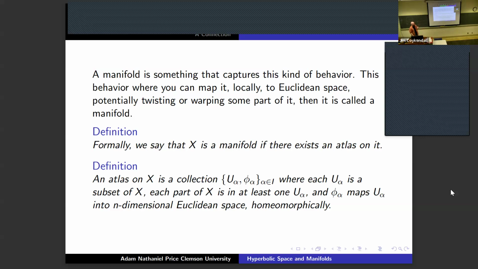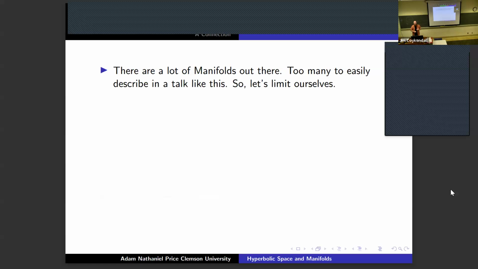And these are very useful for describing mountain chains, migration patterns, structures, things that are visible on a global scale. There are a lot of manifolds out there because this is a very general kind of thing. You can talk about any kind of space, a whole bunch of subsets, and you can talk about mapping them into Euclidean space. You can do it arbitrarily.